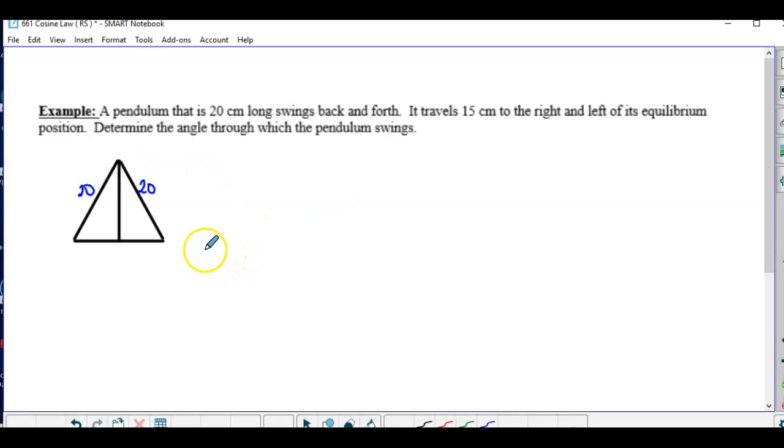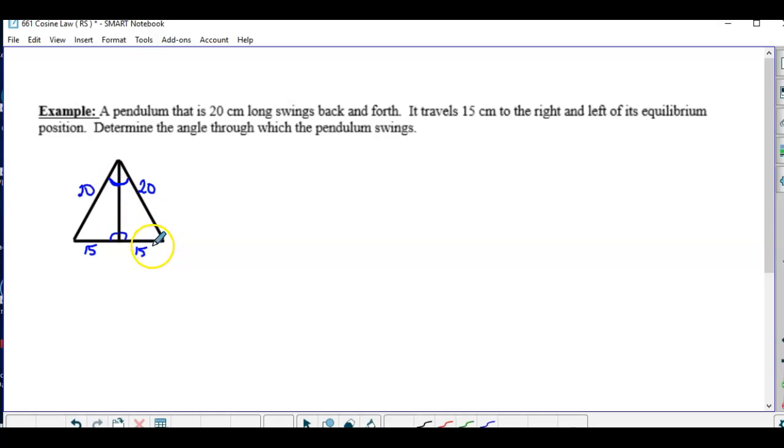And it travels 15 centimeters to the right and left of its equilibrium. Equilibrium's in the middle when it's hanging down, not moving. So this would be 15 here, and this would be 15, and this would be 90-degree triangles, right? So determine the angle through which the pendulum swings. So that basically this angle here.